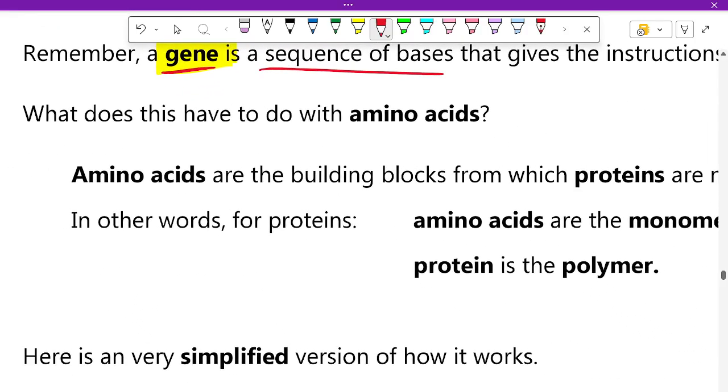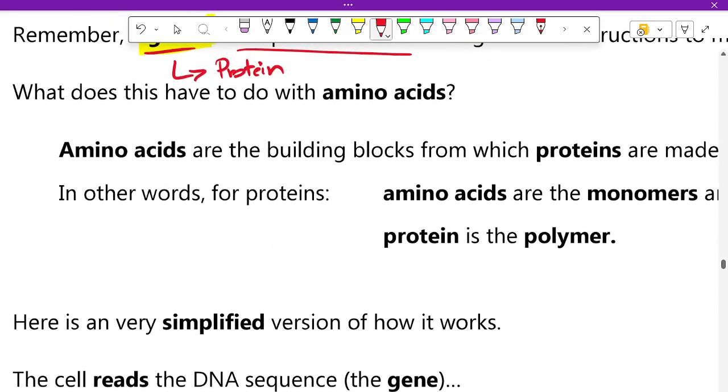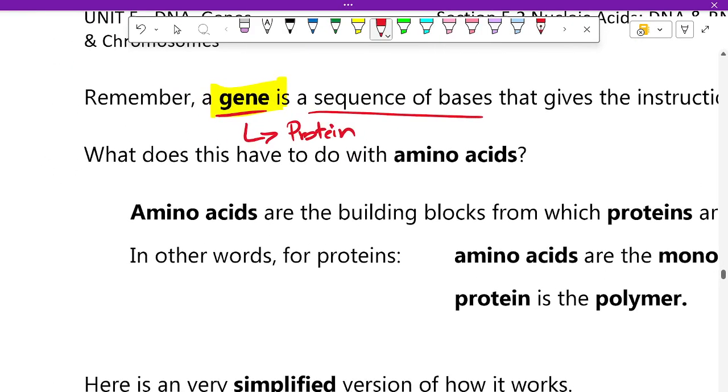So genes give the instructions for one protein. Amino acids are the building blocks for proteins. A chain of amino acids is a protein.